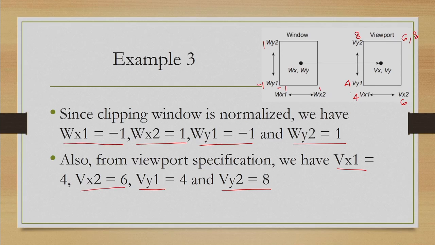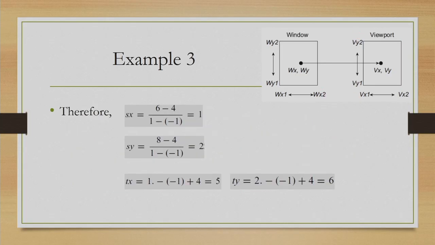Next, we simply replace these values in the transformation matrices that we have seen earlier. We first compute the constant values Sx, Sy, Tx, Ty by using those values to get these results.